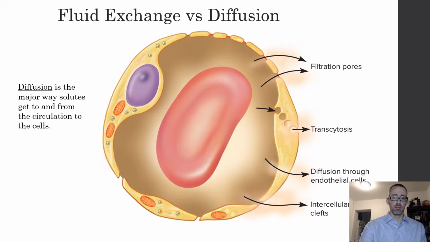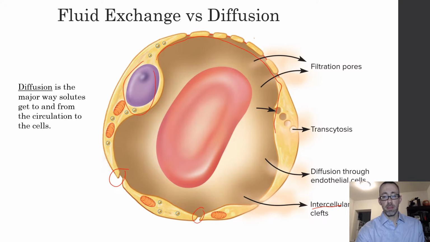So if this is one of the nuclei here, you can see this is all part of the wall here. And there's little gaps there, which are the intercellular clefts from other cells. So it's labeled there intercellular cleft. So that would be the space between the cells. We're looking at a cross-sectional view, so it can be a little bit difficult to visualize here, but these would be intercellular clefts, or the spaces between the cells.